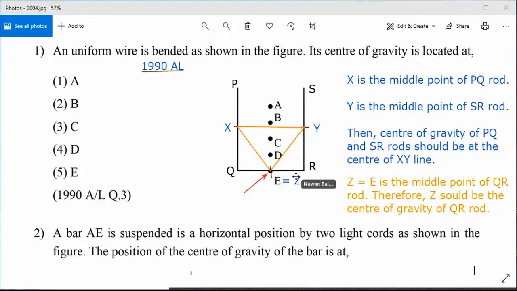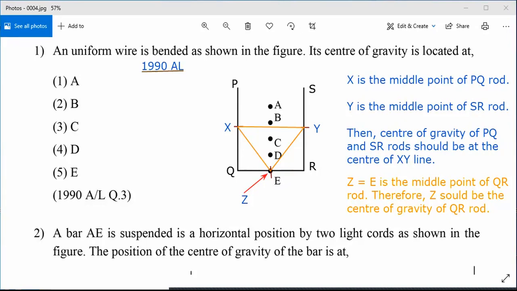Then easily you take Z here. So E and Z are the same point. Z is the middle point of QR. According to the given figure, middle point of QR is E. Okay, dear. Is it clear? Yes, sir.